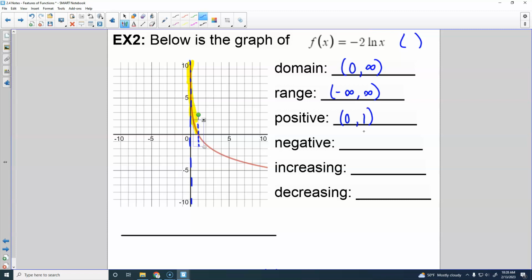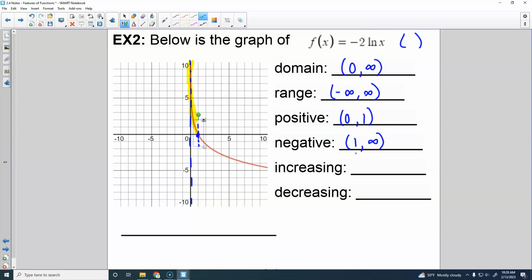Parentheses for both of these, because you never hit an asymptote, so you're not going to actually go to 0. Right there at 1, that's your x-intercept, so you don't include it because it's neither positive nor negative there. And then we are negative from 1 to positive infinity.